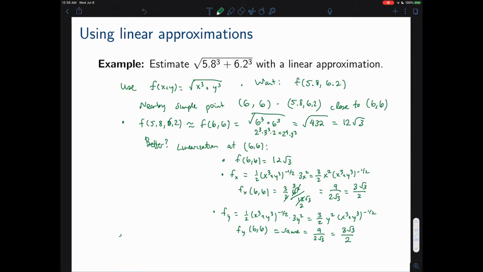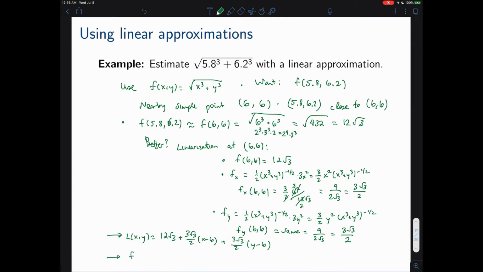Okay, so L of xy ends up being 12 root 3 plus the fx slope, 3 root 3 over 2 times x minus 6, plus 3 root 3 over 2, the y slope, times y minus 6.